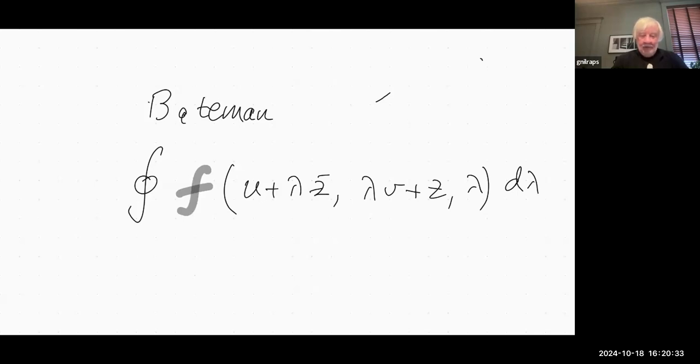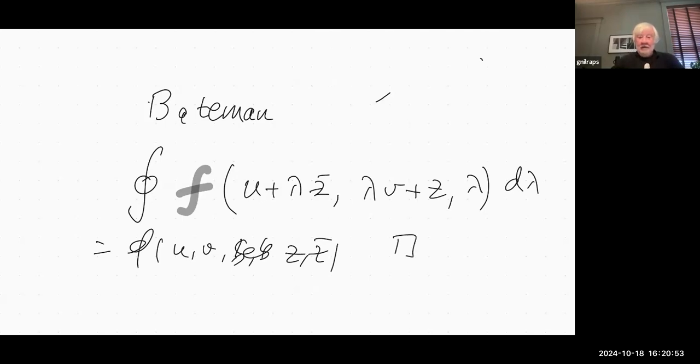And so when you do the integral, you get a function. And the function is a function of u, v, z and z bar. And according to Bateman and Roger, it obeys the Laplacian equation, which is the wave equation in this case. Okay, and it's easily checked. You just do partial derivatives, and it just drops out in a split second.